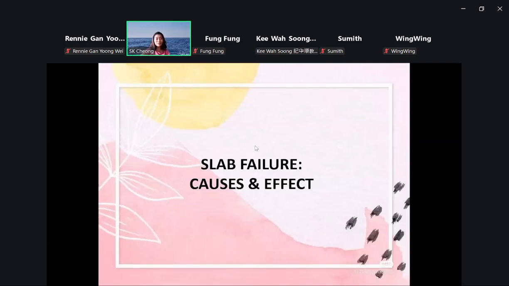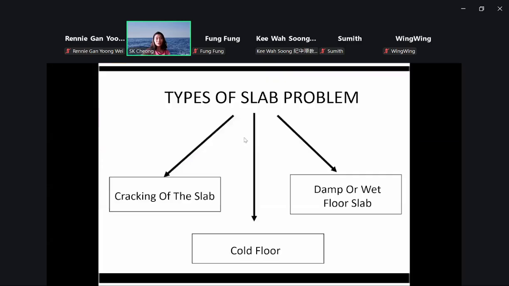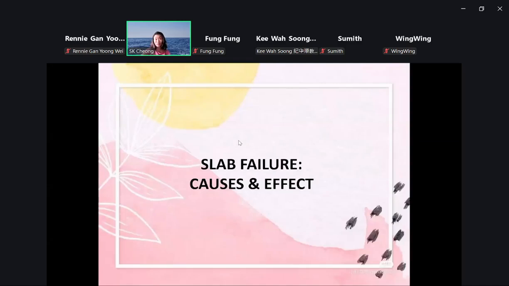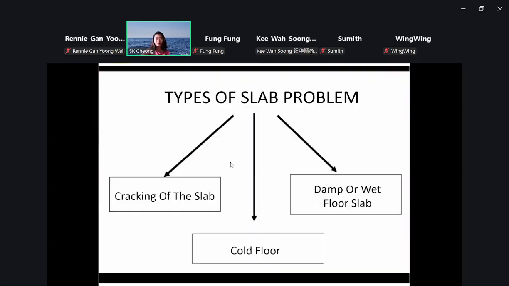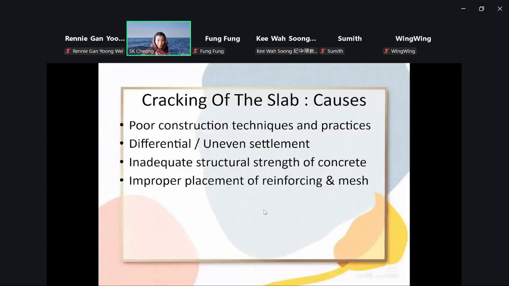Okay. Coming to slab failure. All right. Over here, as we learn about this subject, building construction, we also need to know about the failure. What will happen? What are the possible problems of slab? So it's cracking, damp, or so-called cold floor, right? So what are the causes of the crack? Of course, workmanship.